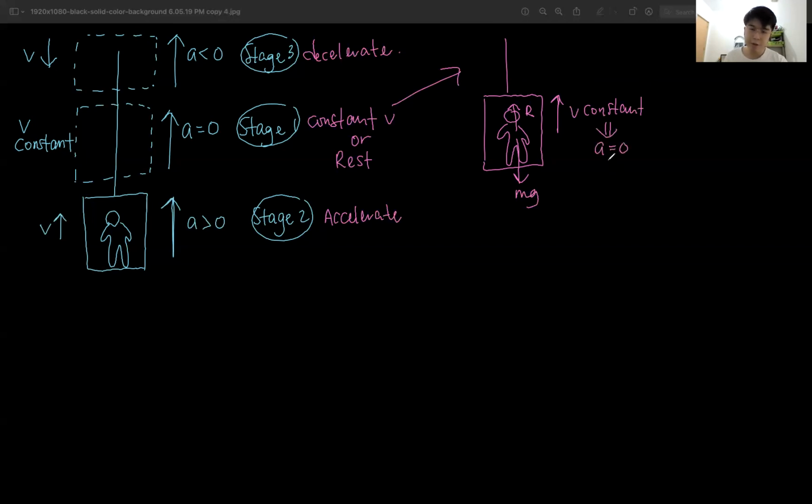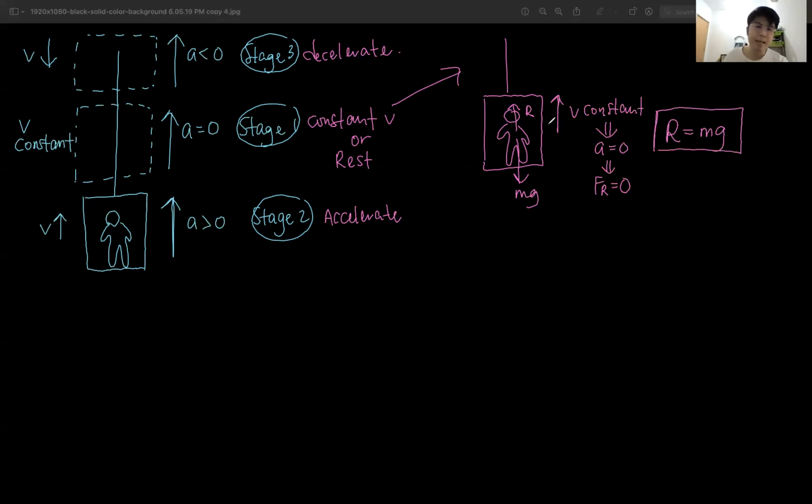So if acceleration is 0, what happened to the resultant force? Resultant force is also 0. No acceleration, no resultant force. So if no resultant force, what does it mean in terms of these two forces, R and mg? If no resultant force, that means these two are balanced. So we can write R equals to mg.